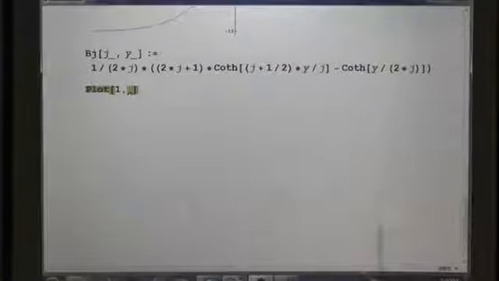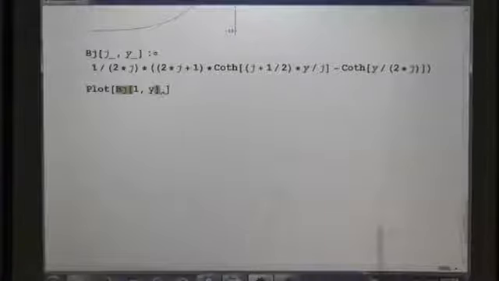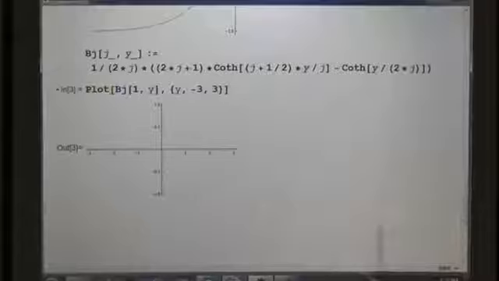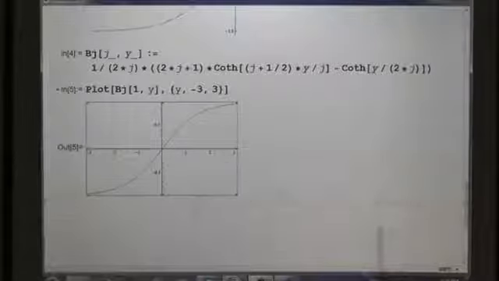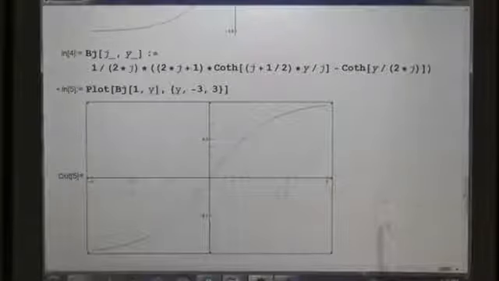So what I would like to plot is B_J, J is 1, with respect to Y. So I keep Y as a running variable, and my Y now varies from -3 to +3. This is what I get. This looks quite similar to what we get for a spin half system.